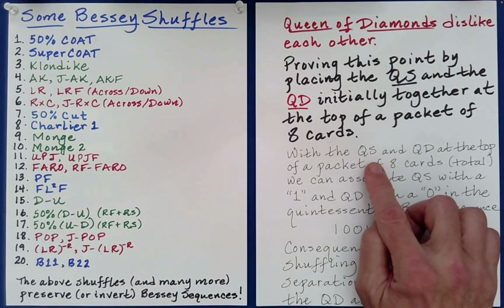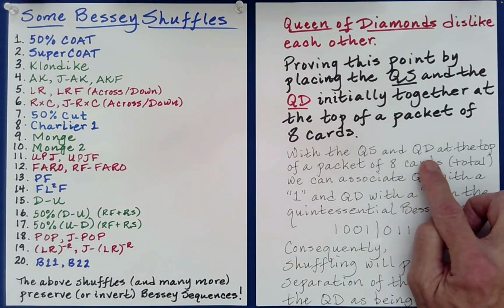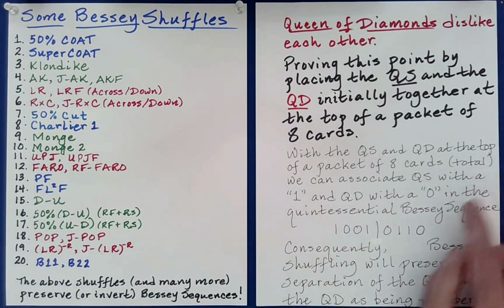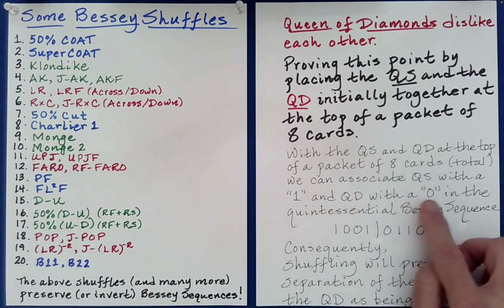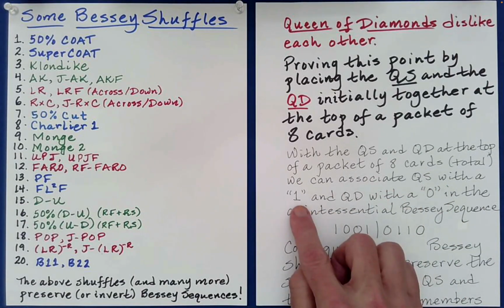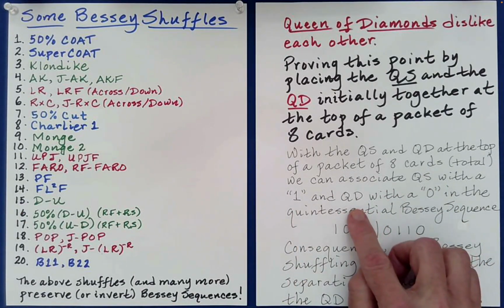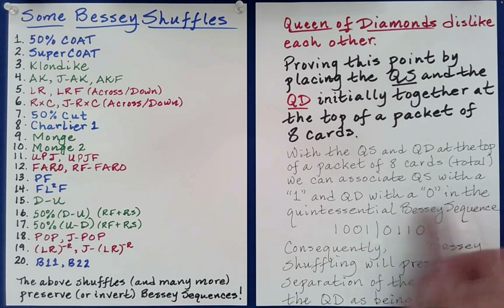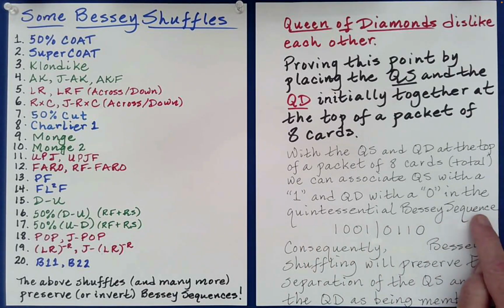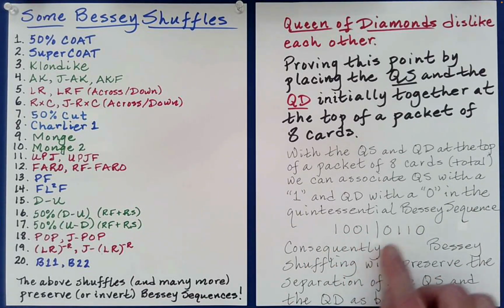So with the Queen of Spades and the Queen of Diamonds at the top of a packet of 8 cards, we can associate the Queen of Spades with a 1 and the Queen of Diamonds with a 0 in the quintessential Bessey sequence 1, 0, 0, 1, 0, 1, 1, 0.